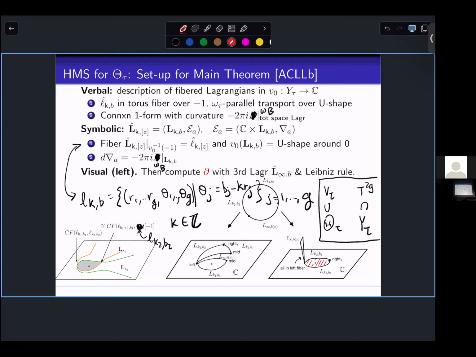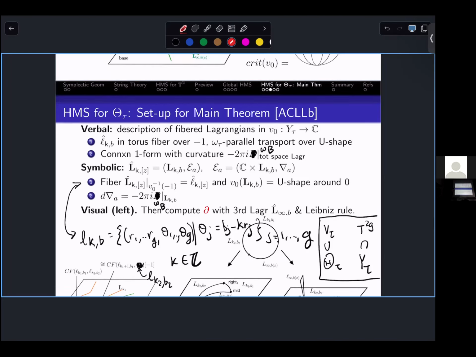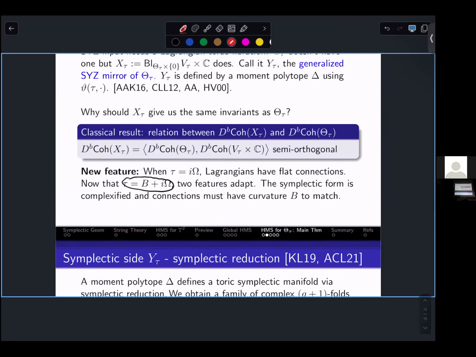What's special about the vertical? Because we know how to count disks bounded by them. It's in a fiber, it's the vertical Lagrangian, and then it's parallel transported around a U shape. It's this one, the infinite slope.